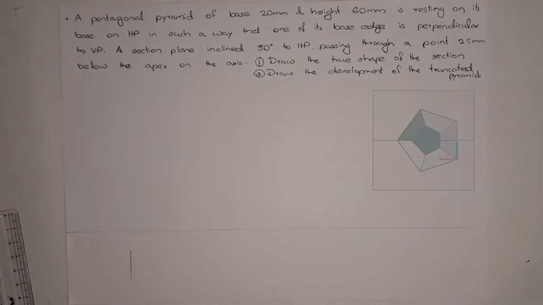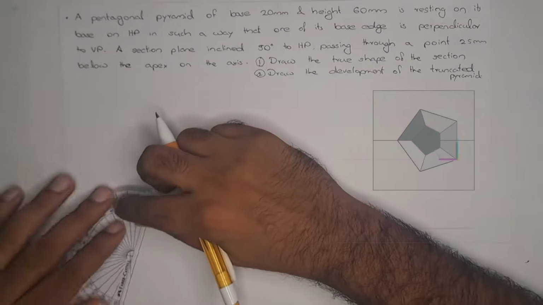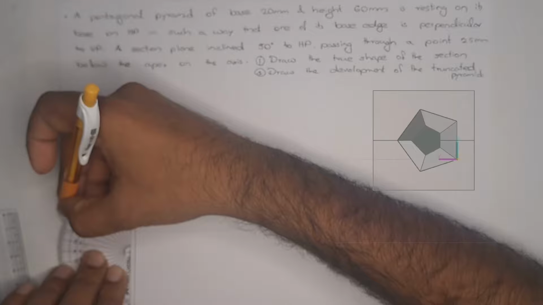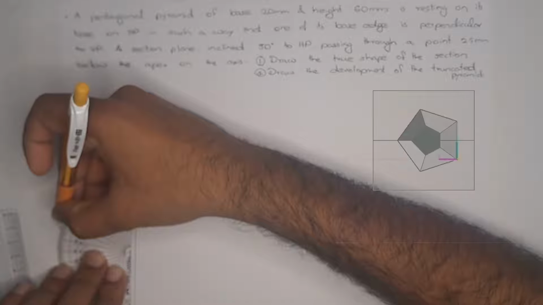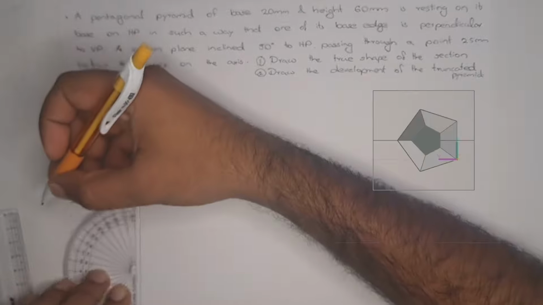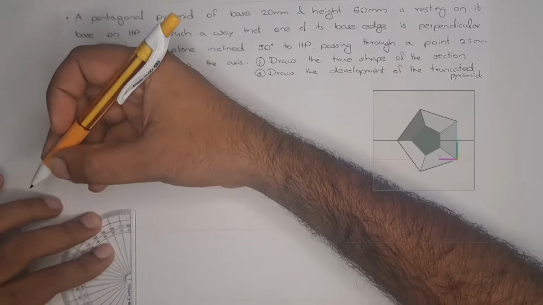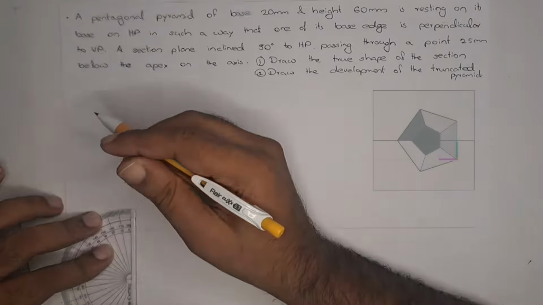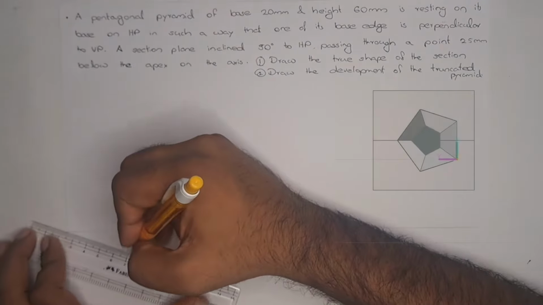Now we need to take 108 degrees from both sides, and you can draw the 20 mm line from here.